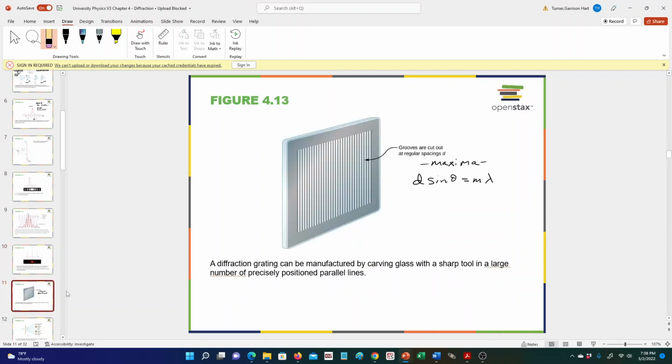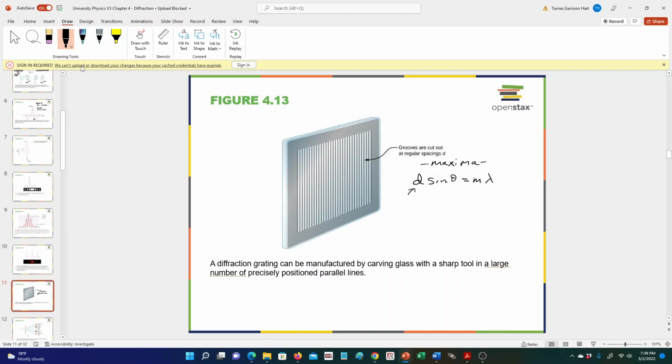Well, when you have a diffraction grating, what we do is define this quantity d. Give it just a second here. So we define the quantity d to be the number of slits per unit length.